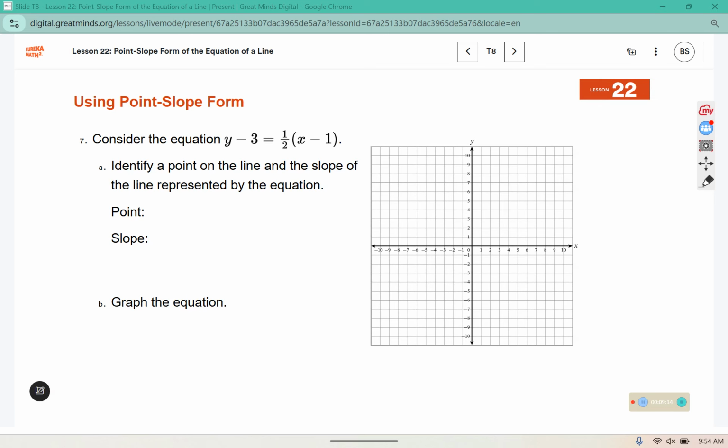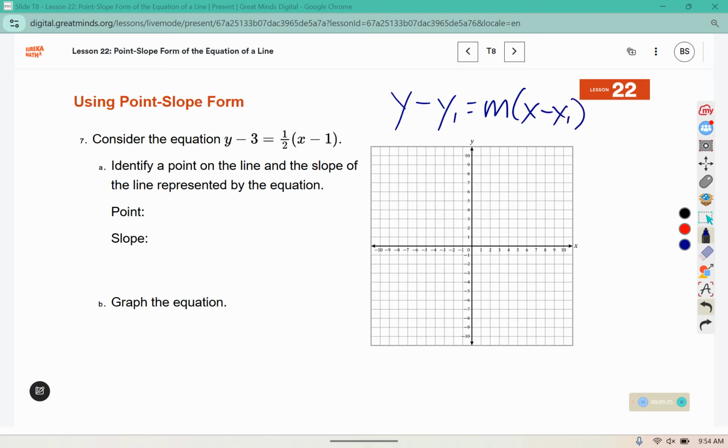Consider the equation y minus 3 equals 1/2 times x minus 1. Identify a point on the line and the slope of the line represented by the equation. Well, the slope is in front of the parentheses, so the slope is 1/2.